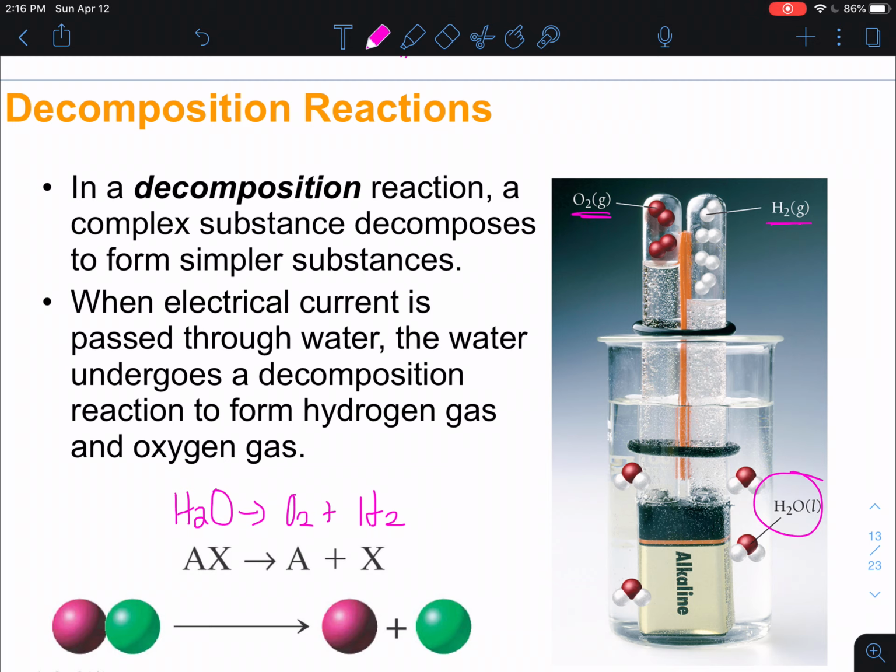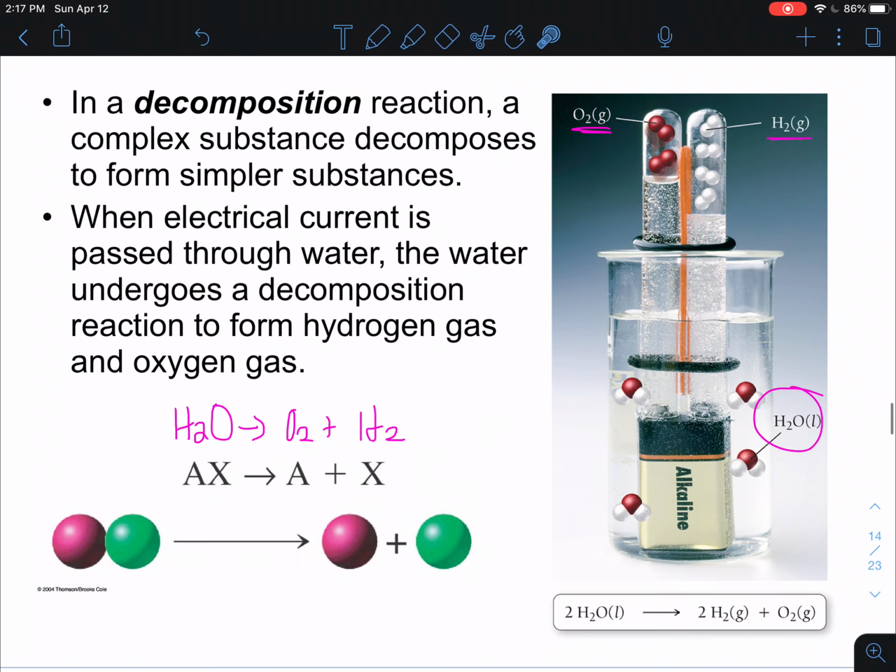This is not balanced right now, so don't worry about it, but long story short, we have a complex substance that decomposes to form simpler substances. An example, electrolysis, is electrical current that is passed through water. The water undergoes a decomposition reaction to form hydrogen gas and oxygen gas.